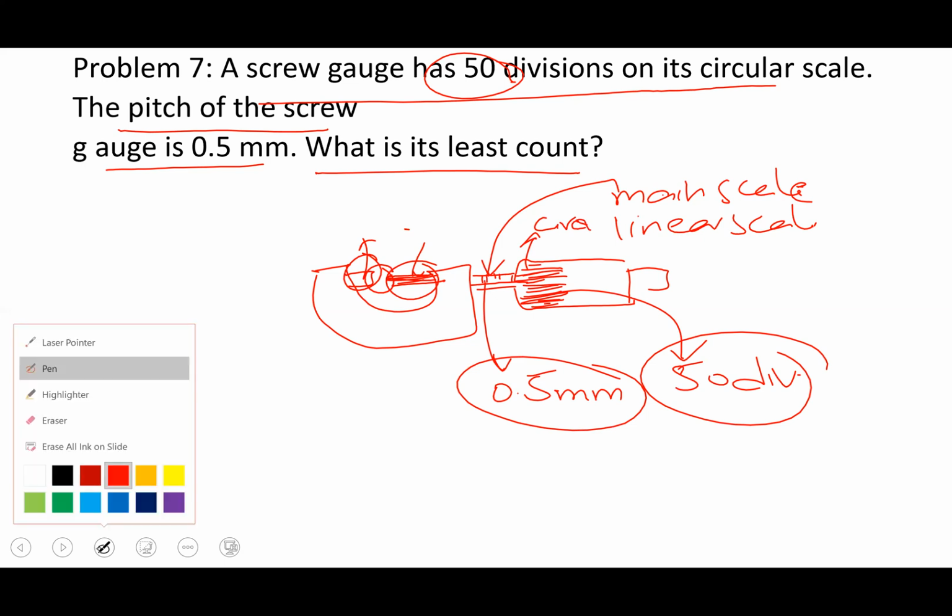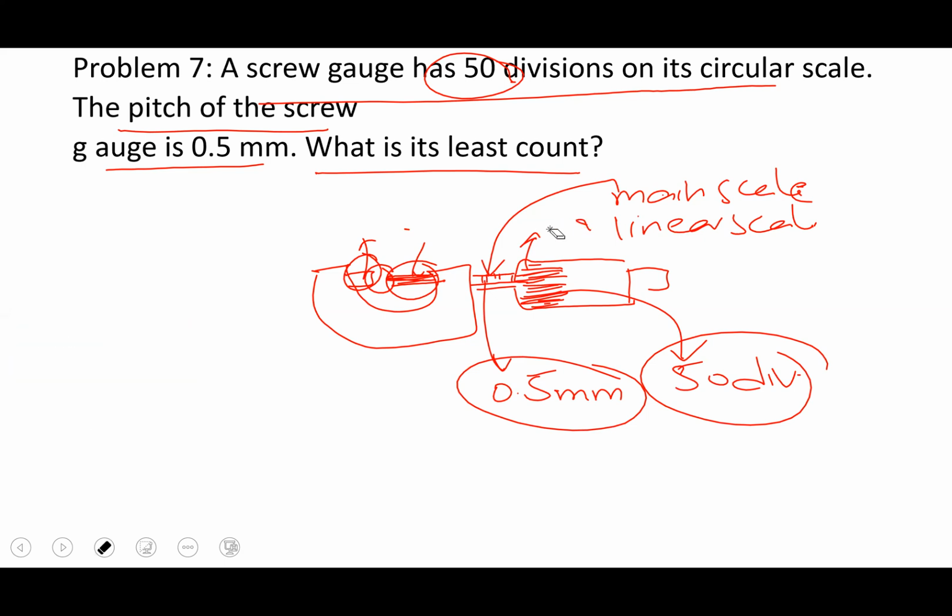Let me write it down clearly. So over here it is the circular scale. And this one is the main scale, or you can say the linear scale. Now we have the circular scale reading, we have the main scale reading as well, which is 0.5. What is the formula for least count?